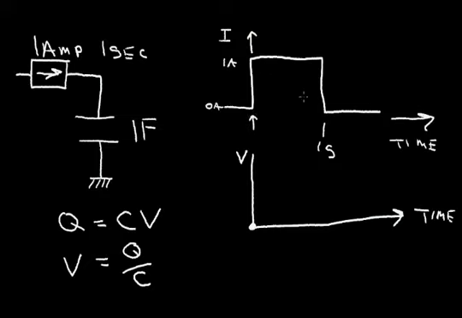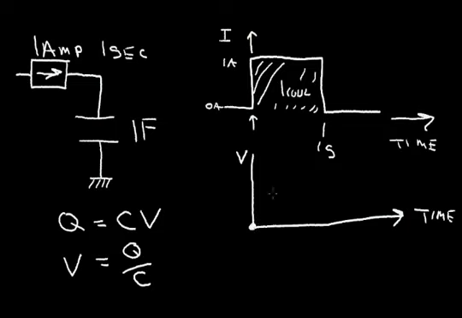So we're plotting current versus time. The area under this current pulse is actually charge. And if we have 1 amp for 1 second, we have 1 coulomb of charge, which is just the area under that curve.